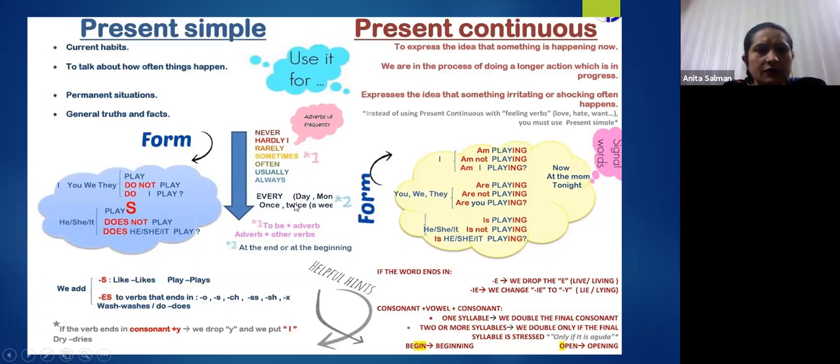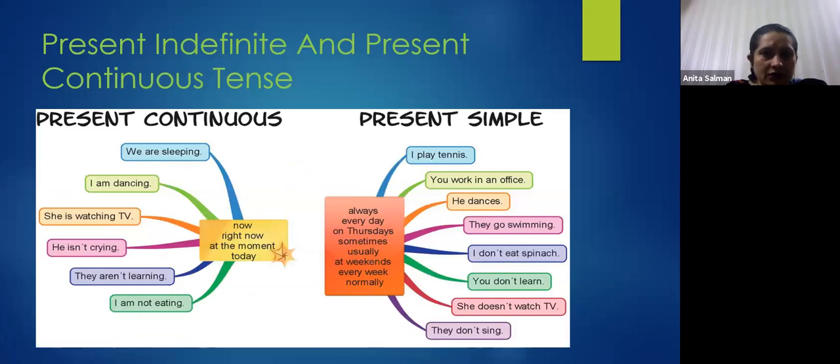These are the words that we use at the beginning or sometimes at the end of the sentences. Whereas in present continuous tense, now, at the moment, tonight, these sorts of words we use. To make it more clear, I have written it here.